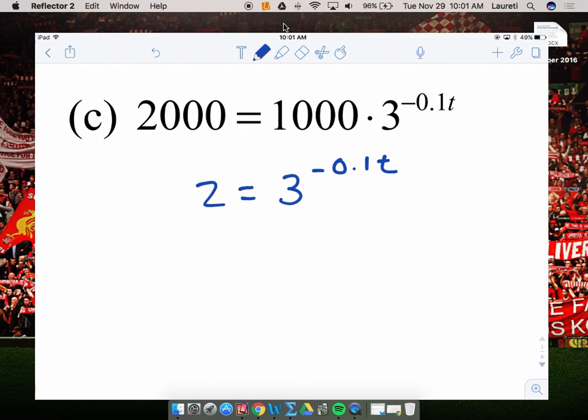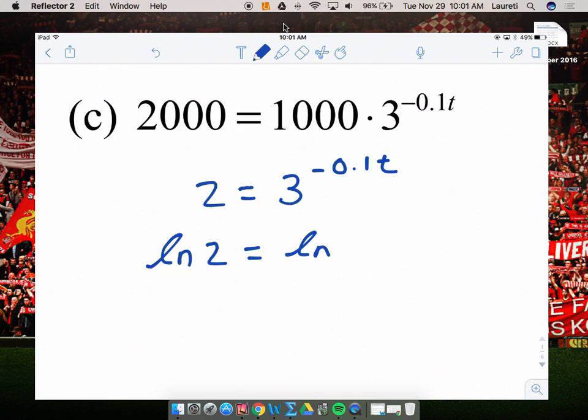So what we can do is we can take the natural log on both sides. Now, you could do, say, log base 10. That would also work. But when you are solving equations, ln is more common. You'll see that in more books and things online. So the natural log is just more common.